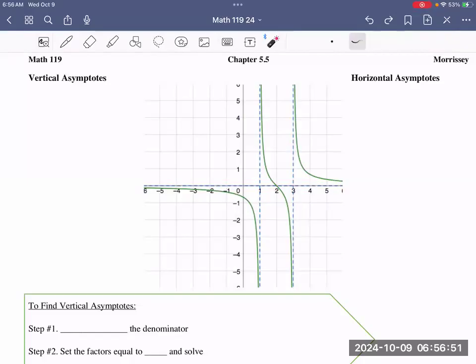You have a vertical asymptote at 1 and a vertical asymptote at 3, but it's not just at a specific point. Instead, it is actually a line. So we actually have to say x is equal to 1 and x is equal to 3. It's a whole line that your graph is trying to avoid. Now, vertical asymptotes we can never cross.